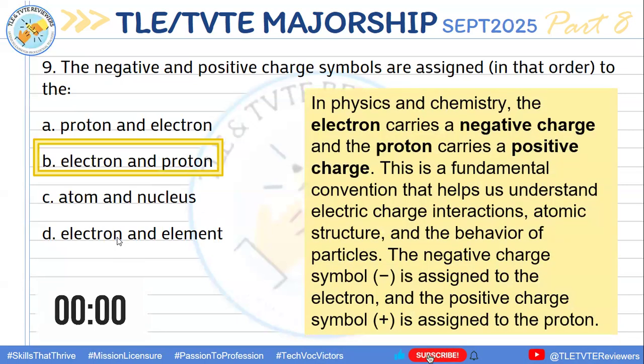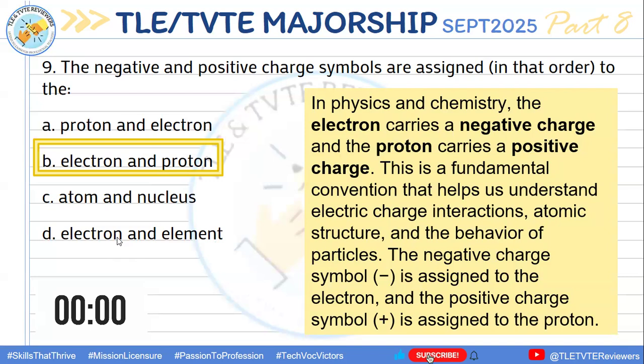In physics and chemistry, the electron carries a negative charge and the proton carries a positive charge. This is a fundamental convention that helps us understand electric charge interactions, atomic structure, and the behavior of particles. The negative charge symbol is assigned to the electron, and the positive charge symbol is assigned to the proton.